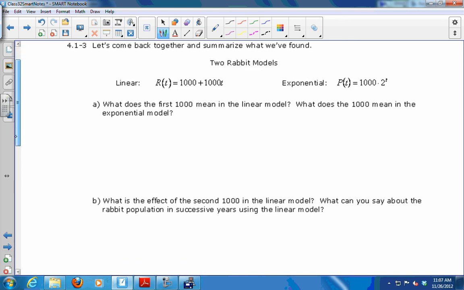So let's sort of summarize what we learned here. In the linear model, what does this 1,000 represent, that first 1,000? Initial population. How about in the exponential model? What does the 1,000 represent?